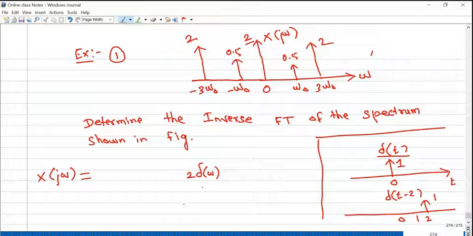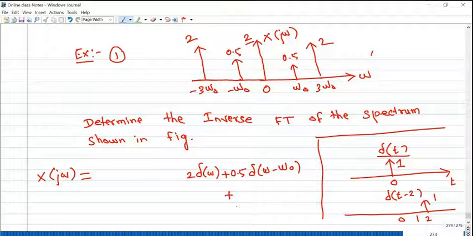So 2 del of omega. Next, magnitude 0.5, shifted omega naught to the right side: 0.5 del of omega minus omega naught. Next, magnitude 2: 2 del of omega minus 3 omega naught. So the mathematical expression for these components is completed.